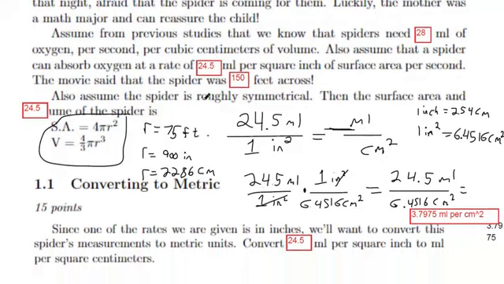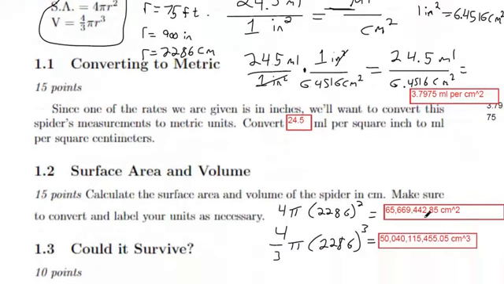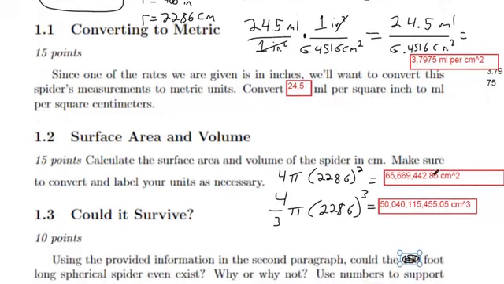And then it's saying it can absorb it at 24.5 milliliters per square inch, which is 3.7975 milliliters per square centimeter. So for every square centimeter, we can absorb 3.8 milliliters. Right? We have every square centimeter of surface area on the spider. So we have this many square centimeters of surface area.